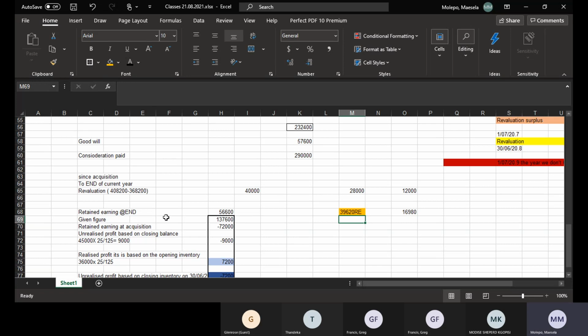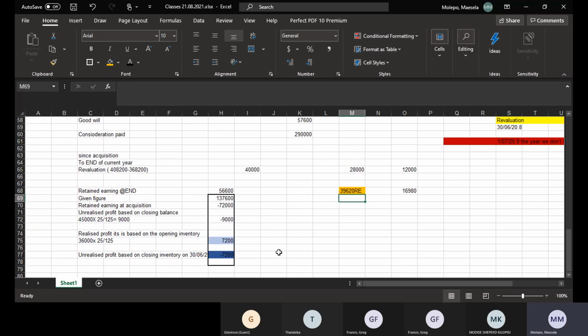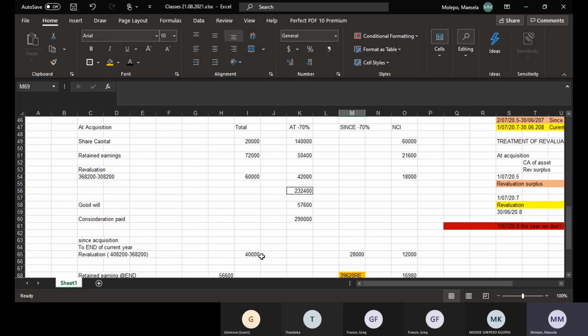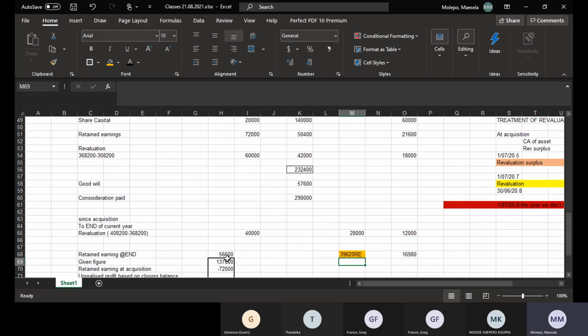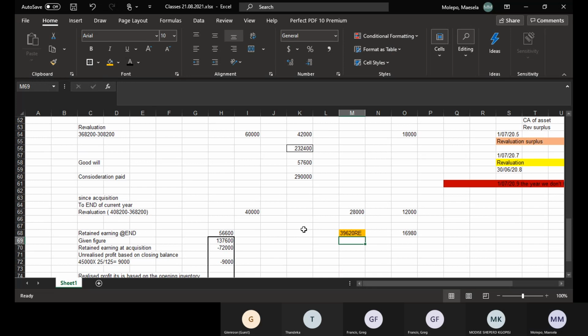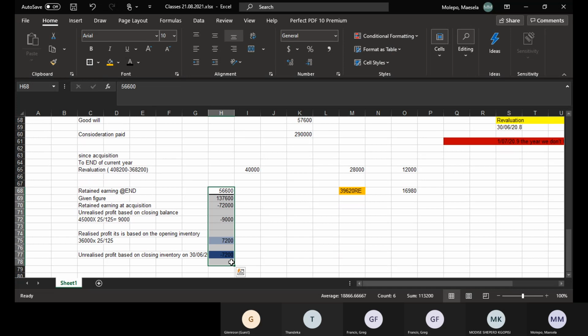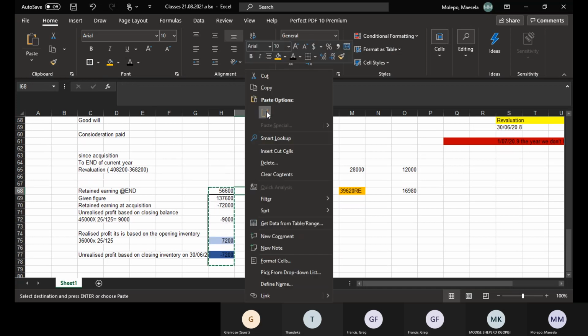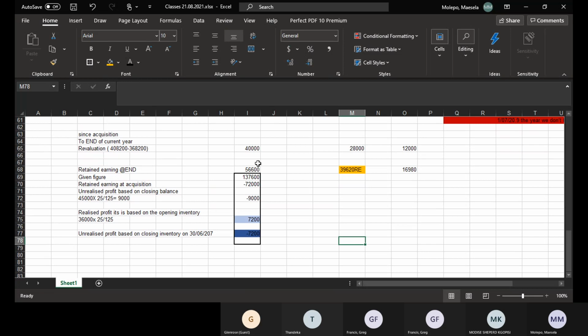So now we can add whatever needs to be added. This was the calculation from my side. So our retained earnings will sit on 56,600. So we can add everything. Here we have 486,200.